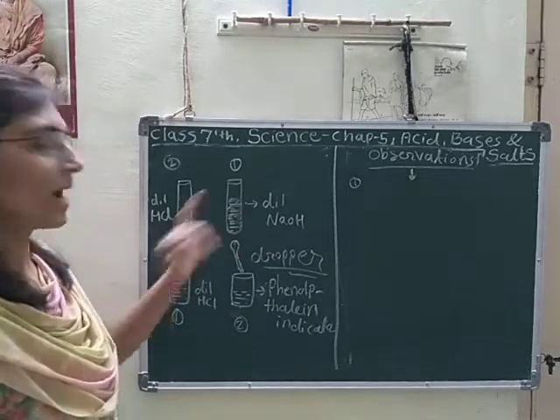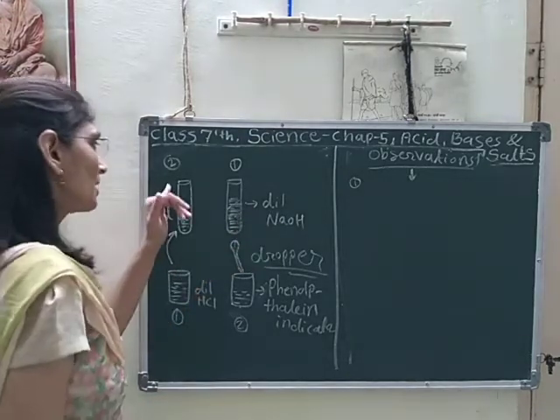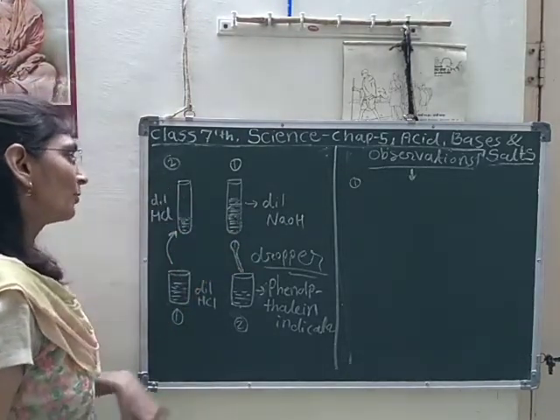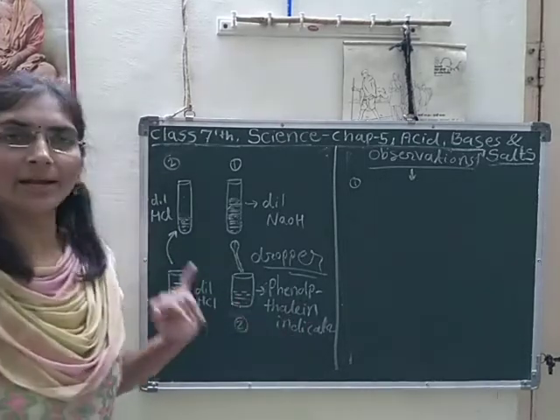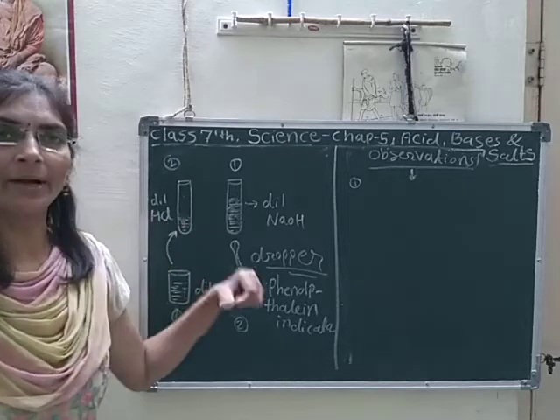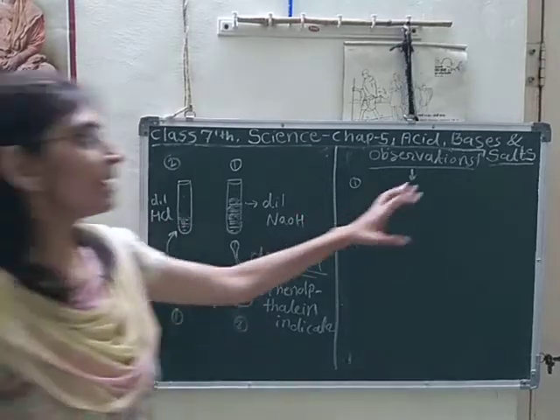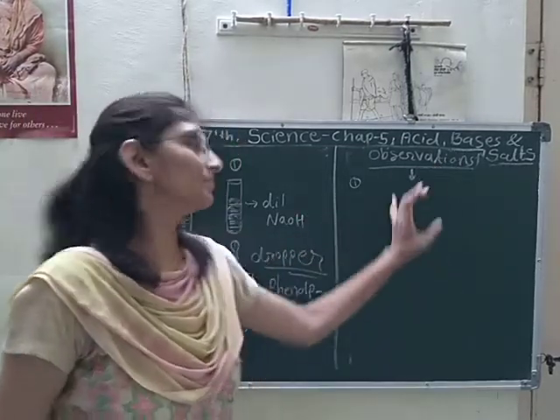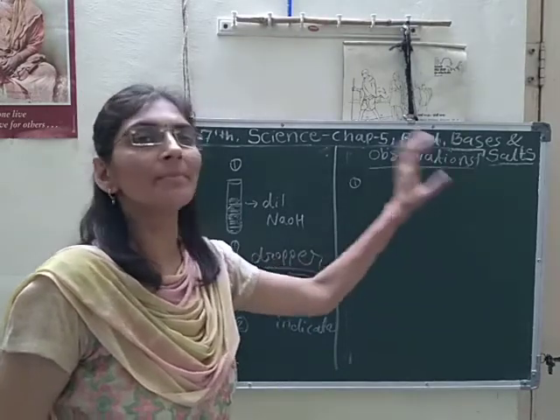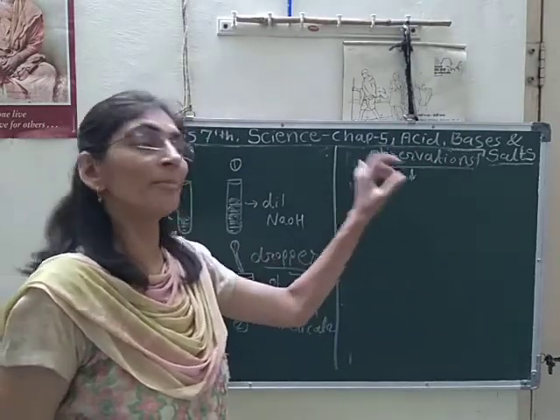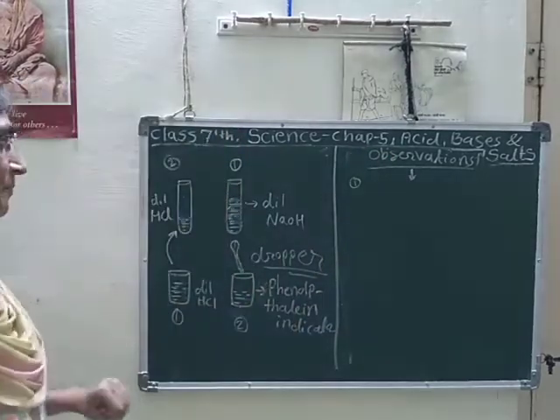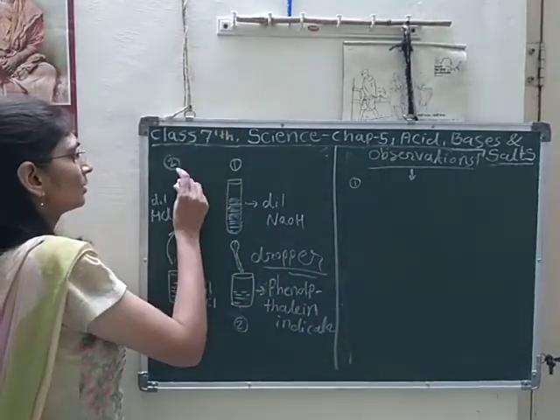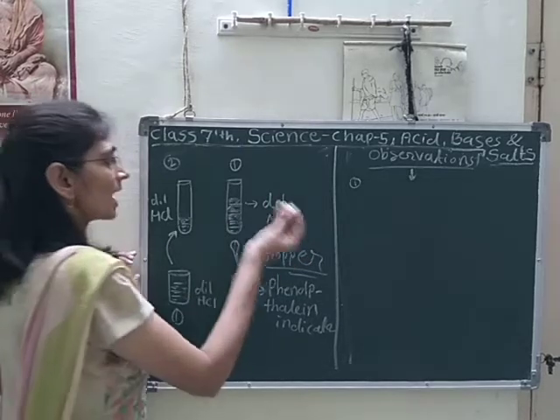In one test tube, as I mentioned, dilute NaOH. In another test tube, a quarter of HCl, and here we will take phenolphthalein indicator by dropper. And we have made the observation table in our notebook. So let us now start our experiment.